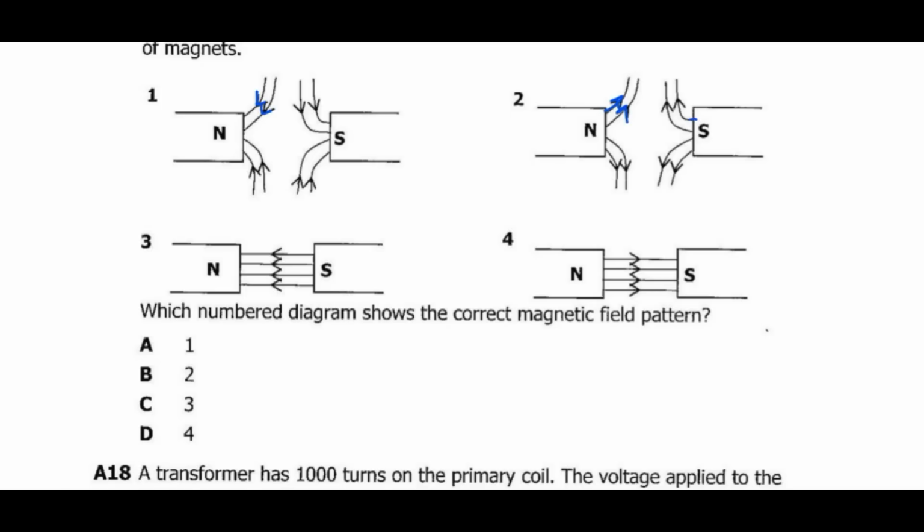Then here, also coming from the south pole, so this is incorrect. Which number shows the correct magnetic field pattern? Okay, so 3 is incorrect. We can see the arrows in 4 are coming from the north pole, then going to the south pole, so the answer is just D.